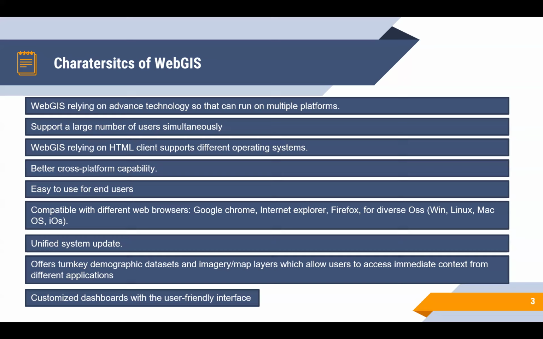There is no restriction. Unified system update means if we are developing a WebGIS application, all the clients, all the users can see your application simultaneously. If you have changed one parameter, one value, and saved it, automatically all the users will get the updated value.